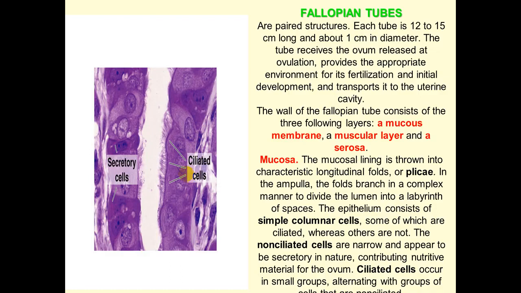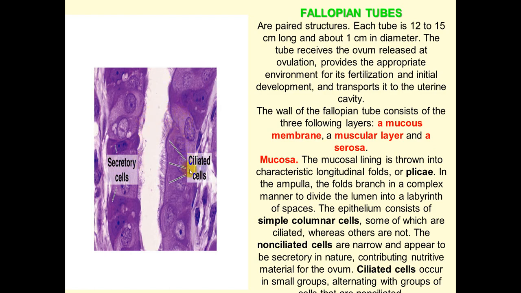In the ampulla region, where fertilization takes place, the folds branch in a complex manner to divide the lumen into a labyrinth of spaces, and in one of these spaces fertilization takes place. The simple columnar ciliated epithelium has 2 principal types of cells.